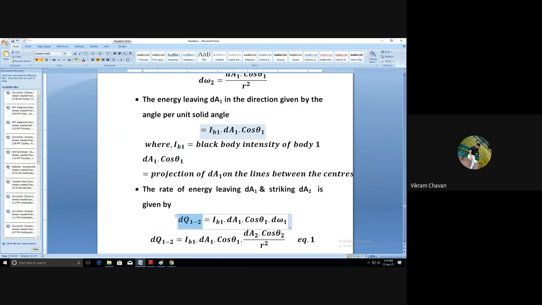The energy leaving dA1 per unit solid angle is IB1 multiplied by dA1 cos theta 1.